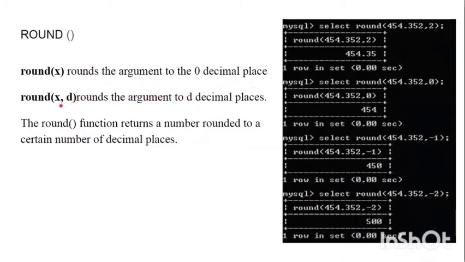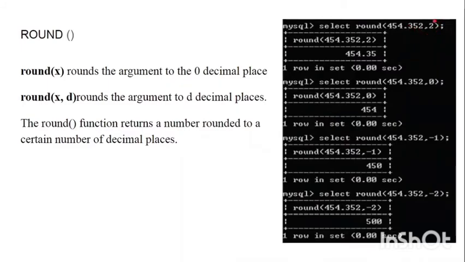Round of x comma d rounds the argument to d decimal places. The round function returns a number rounded to a certain number of decimal places. So let us consider the examples. Select round of 454.352.